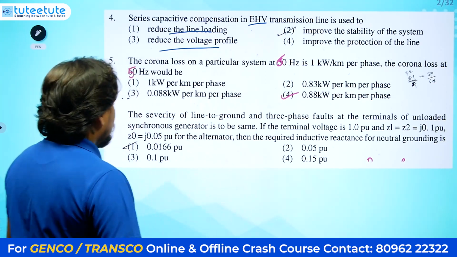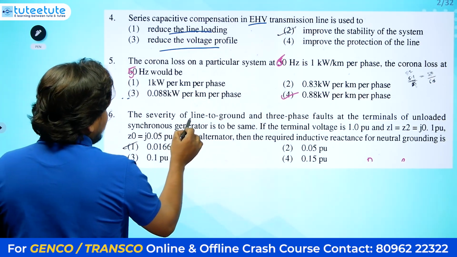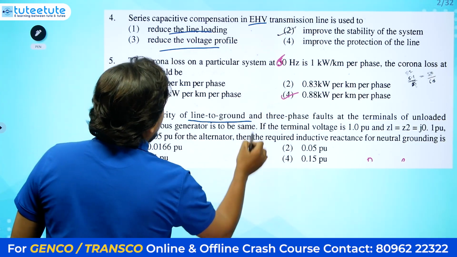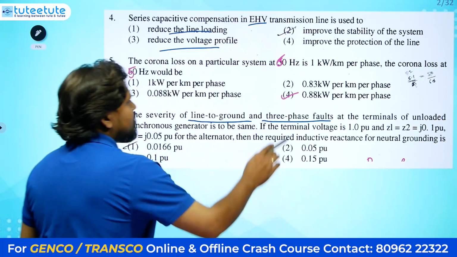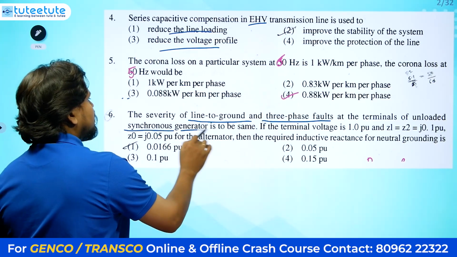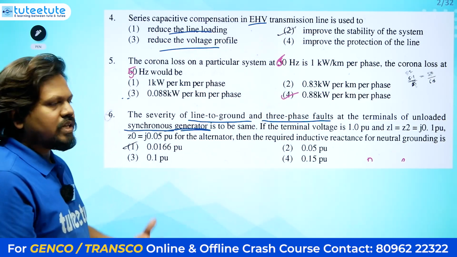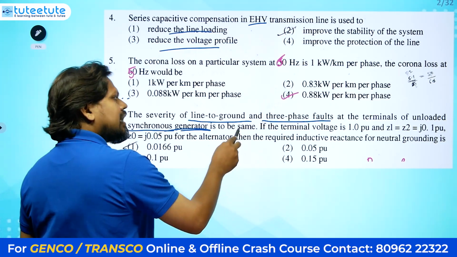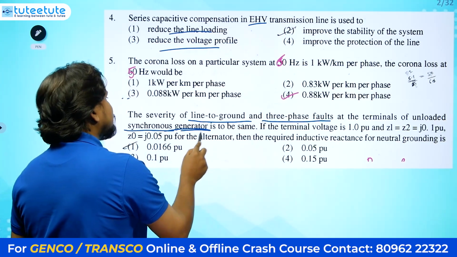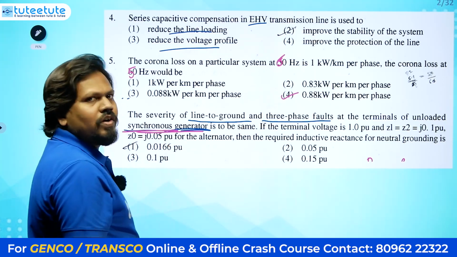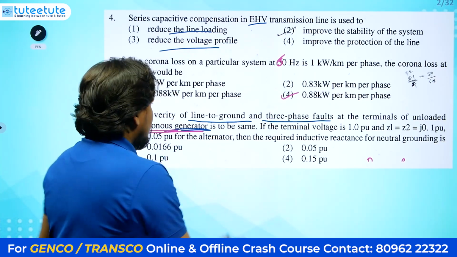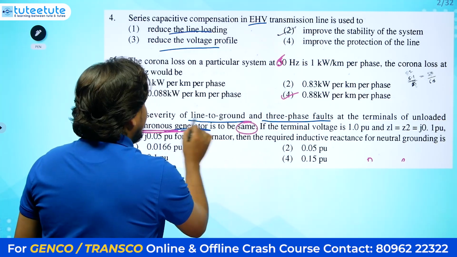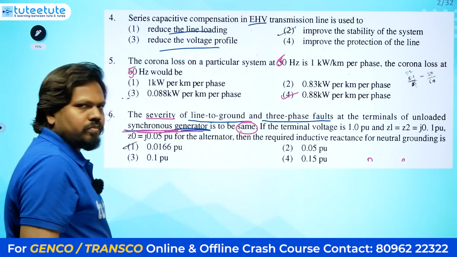Two types of faults they have mentioned: line to ground and 3-phase faults at the terminals of an unloaded synchronous generator. As usual, when we study the subject, we consider a synchronous generator which is unloaded, that is, operating at no load. They have mentioned that in both cases the severity is the same.